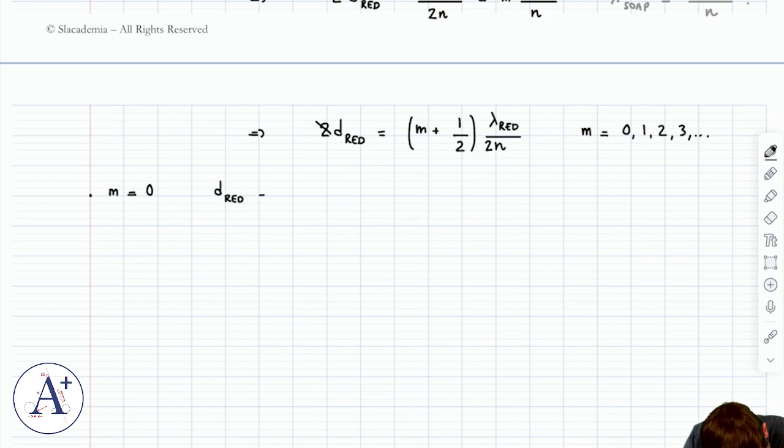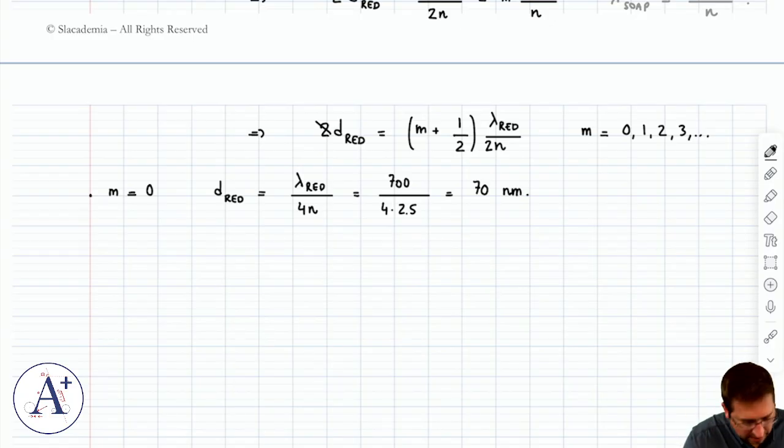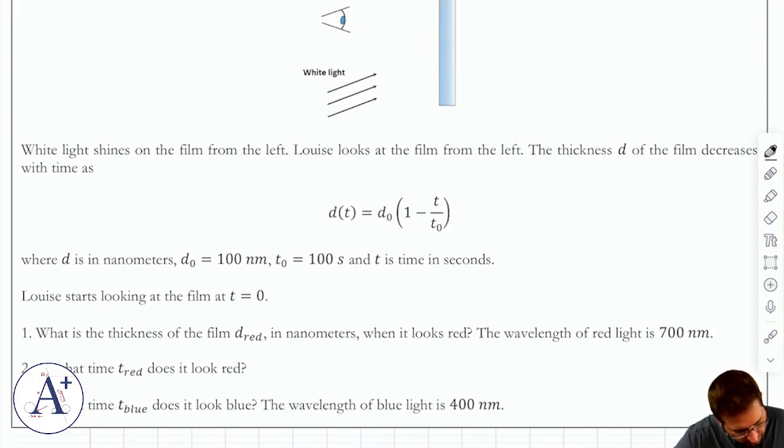I'm going to get d red is equal to lambda red divided by 4 times n. That's going to be 700 divided by 4 times 2.5, which is 10. This is 70 nanometers. Okay, well 70 nanometers works, because if you remember what we just said before, at t equals 0, the film thickness is d0.